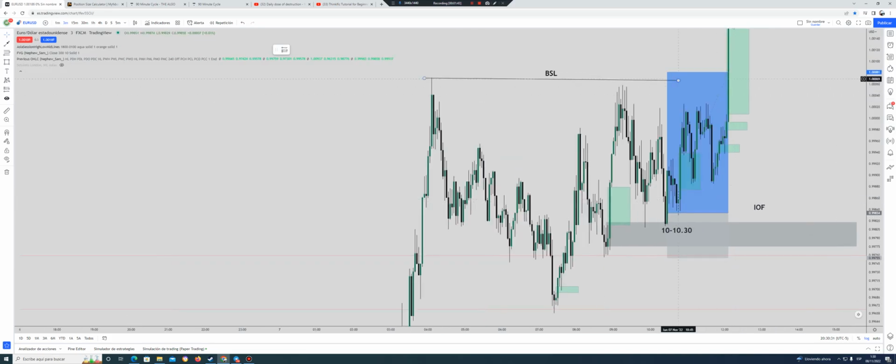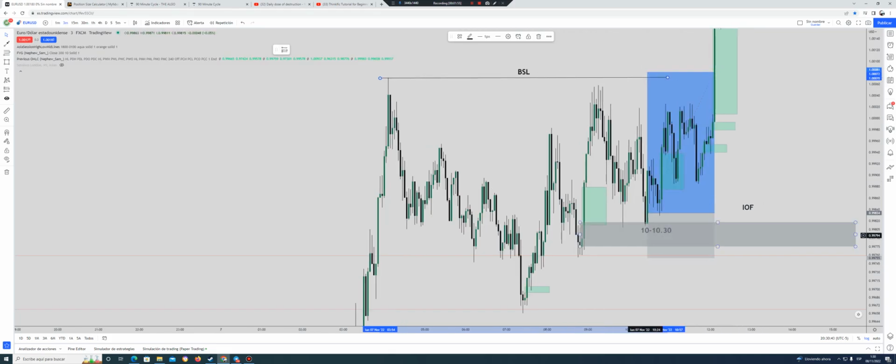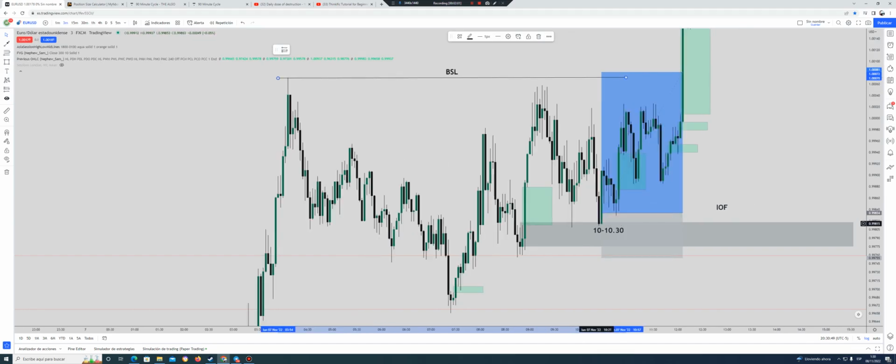Look at this high. I expect the high, that buy side liquidity, to be taken, and wait. As I expect this buy side liquidity to be taken, what should I do? I've got this other block here with the fair value gap. Look how the bodies of the candles are respecting the fair value gap. So I just have to wait for the right time.